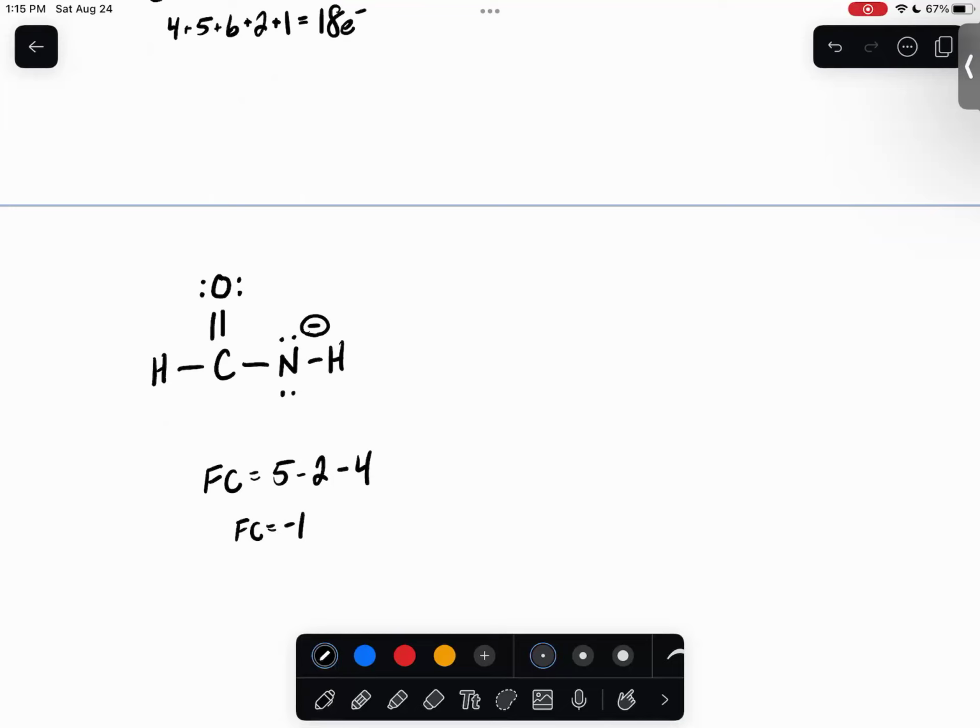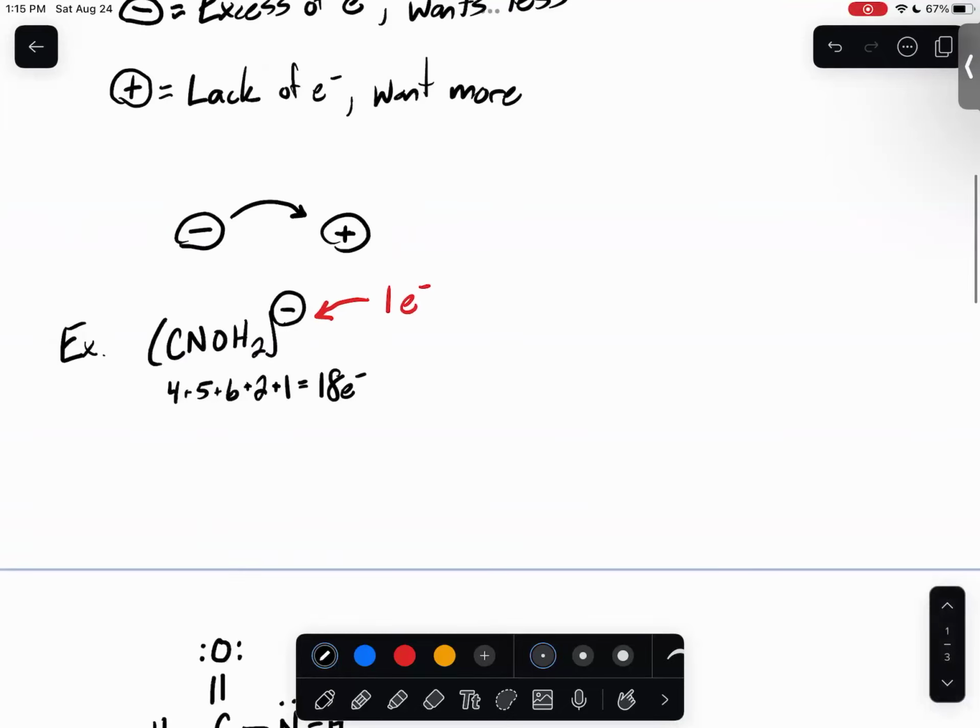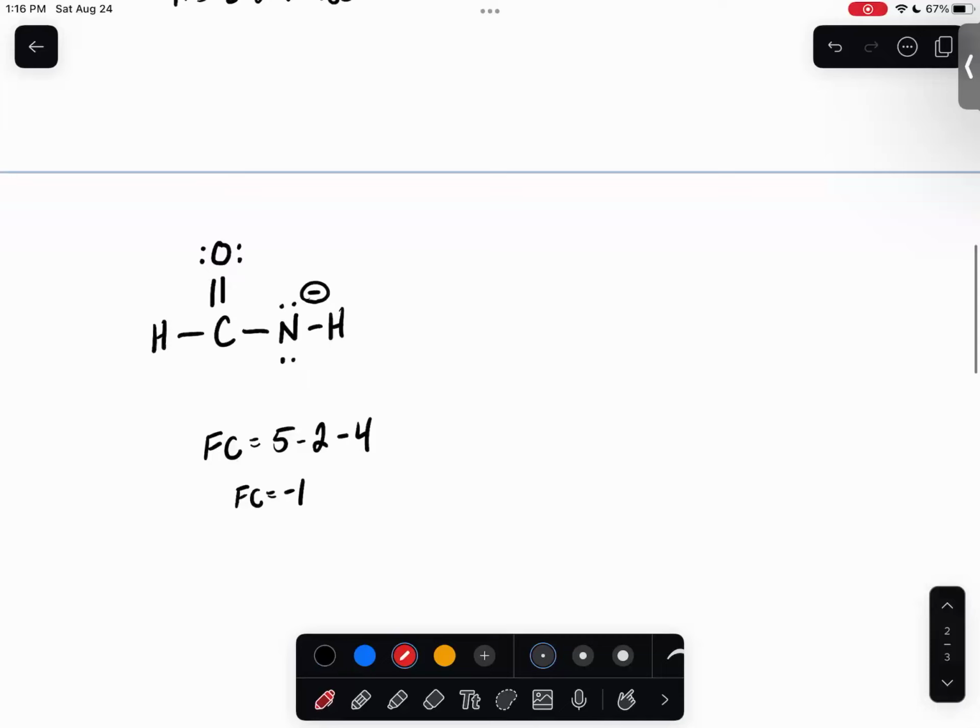Now, like I said before, we're looking at this thing called resonance, where up here we see that electrons like to move from the negative to the positive. And so looking at this, there aren't really any positive charges shown, but we can perform resonance by sharing this negative charge between multiple atoms.